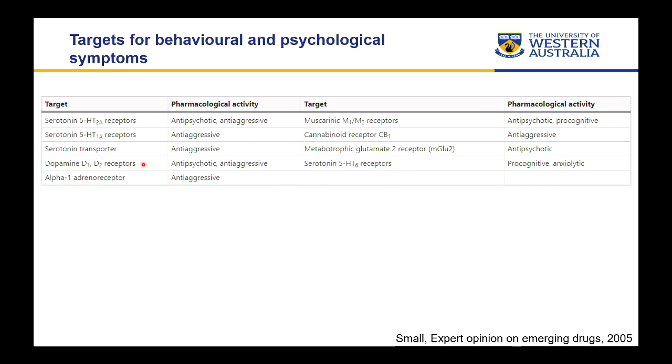Even dopamine can work in some capacity, even noradrenaline. And this is also showing you some other targets. So we talked about acetylcholine, which can work on muscarinic receptors. Endocannabinoids can also cause a therapeutic effect as well. But as you can see here, a lot of these pharmacological effects can be brought on by the serotonergic system as well.